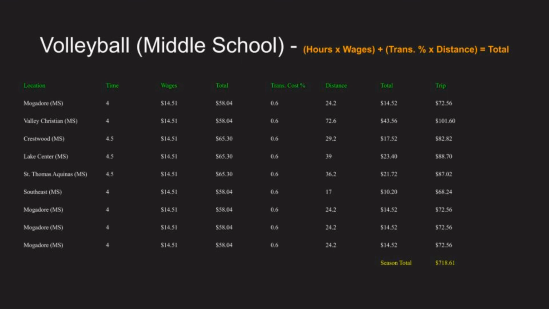Trip totals on the far right, and your season total for the middle school program, excluding, on the previous slide, the Alliance location. Again, that was part of the varsity program, as varsity and middle school all rode the same bus. So the middle school volleyball 2019 fall transportation costs totaled $718.61.